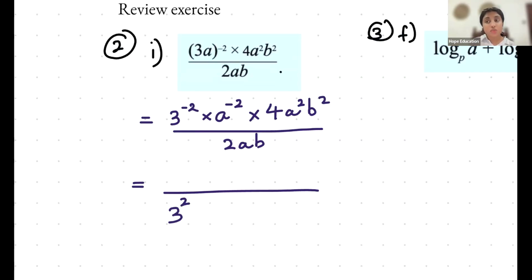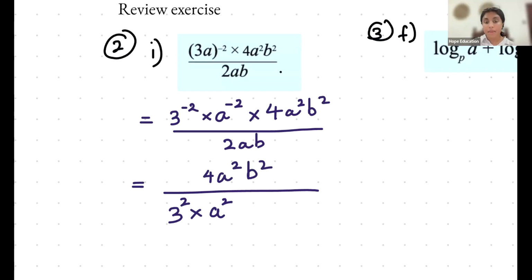A to the power minus 2 also, when I change sides and bring it to the denominator, becomes a to the power 2. If you want to change the sign of the power, you have to change between numerator and denominator. Then on top we have 4a squared b squared remaining.